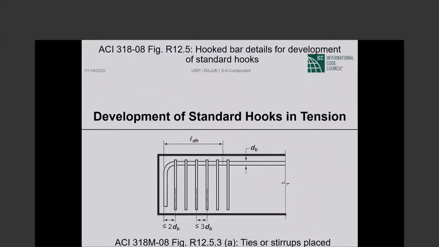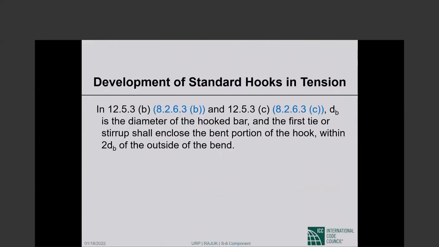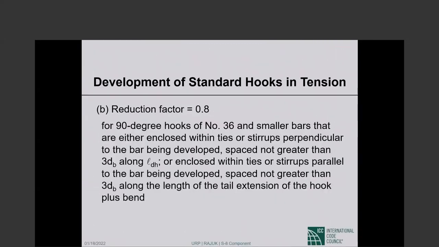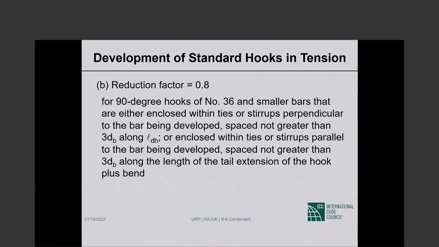If you have one or the other, so for 90-degree hooks, number 36 and smaller bars, those two pictures are described here. You get a reduction factor of 0.8.